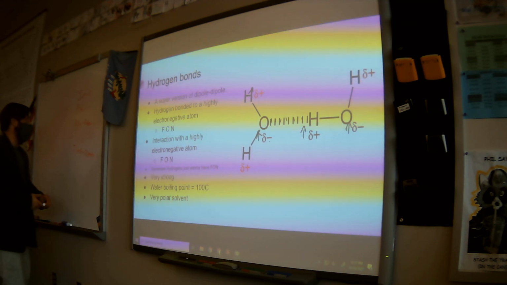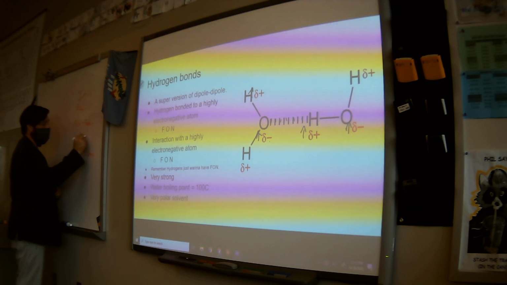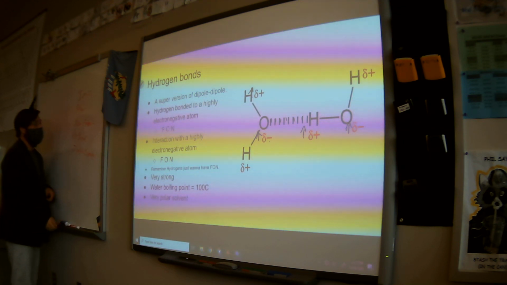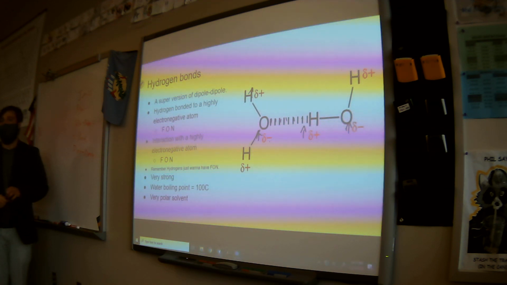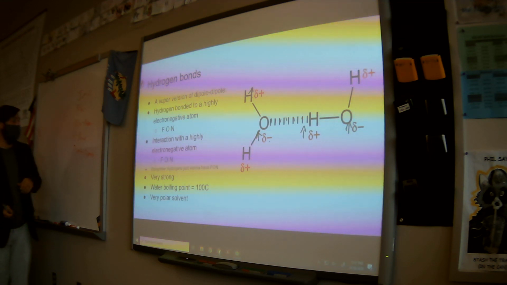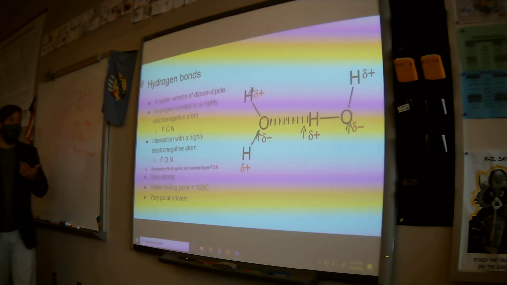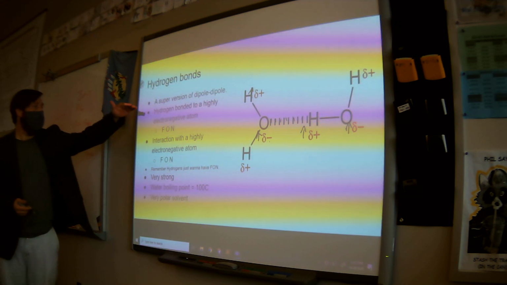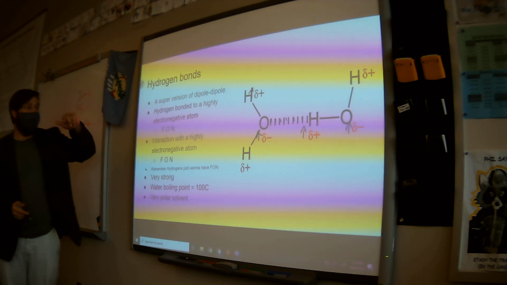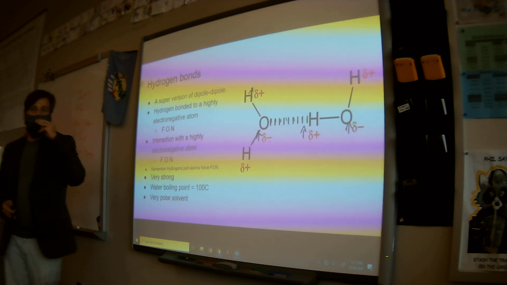In fact, I'd put it right there, in between nonpolar and dipole-dipole. And this is why. So again, just to clarify, to make sure we know this, you need to have three things.